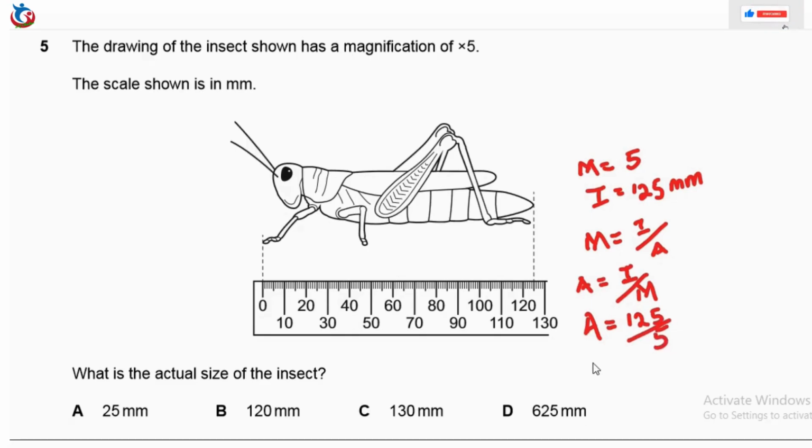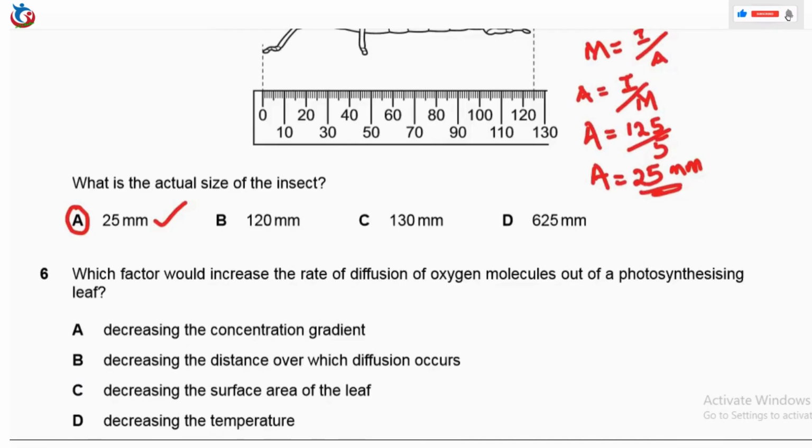So with this, you can get your actual size to be 25 millimeter. Okay, so automatically that makes option A our correct answer here. So with this, we'll now move straight to question 6.